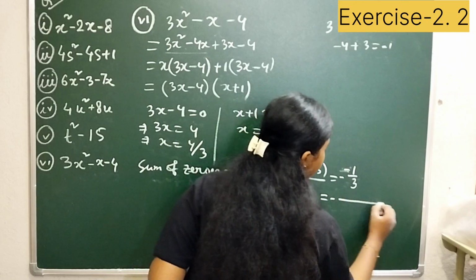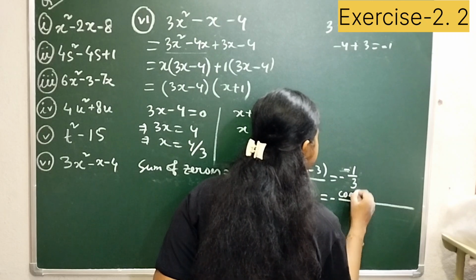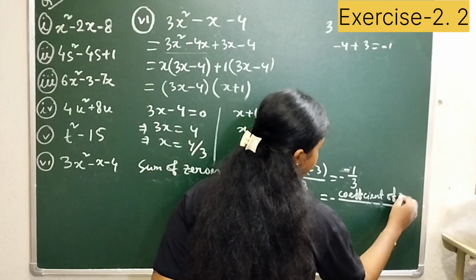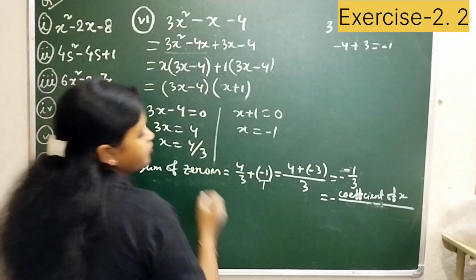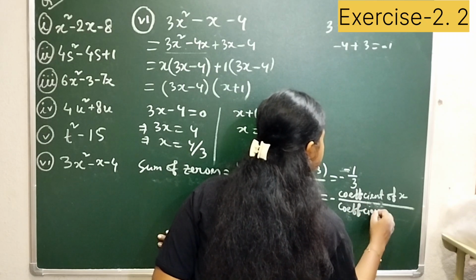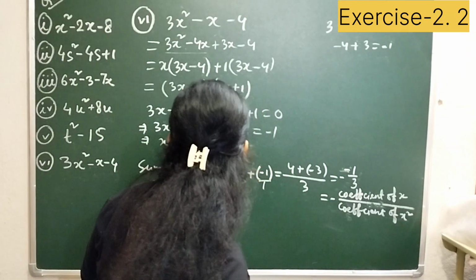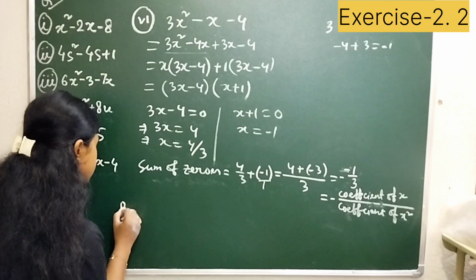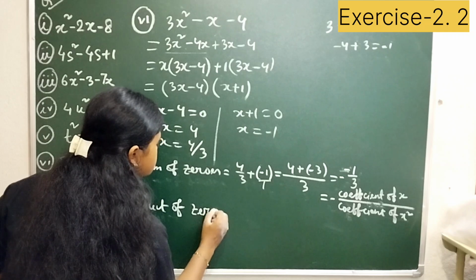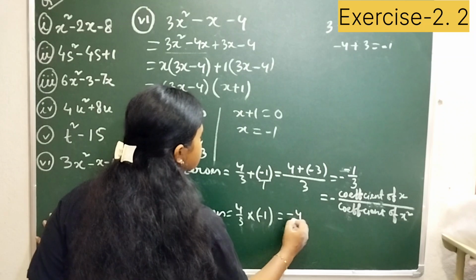So minus 1 is the coefficient of x, and 3 is the coefficient of x square. Now the product of the zeros: 4 by 3 multiplied by minus 1, so we get minus 4 by 3.